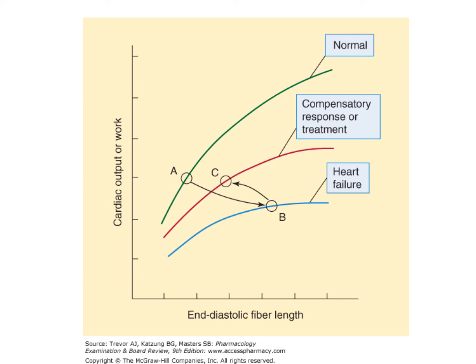The green line represents normal subjects, with good cardiac output and less end-diastolic fiber length. The red line represents compensatory response or treatment, and those without treatment suffering from heart failure are represented by the blue line.